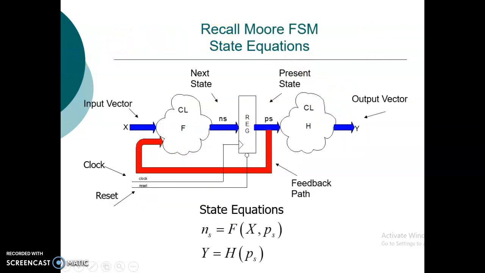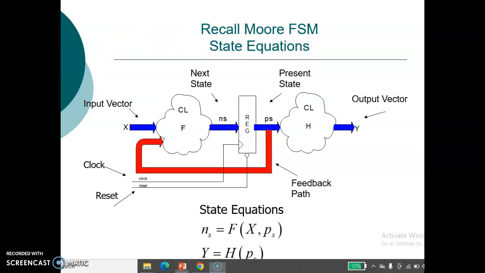We call more FSM, finite state machine, state equations. X is the input vector given to combinational logic. This logic is named F. After combinational logic, this is the next state.